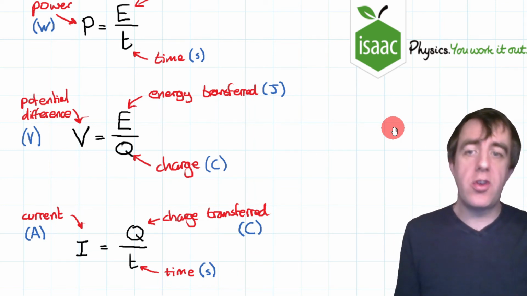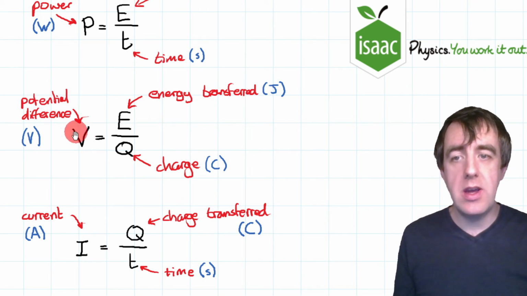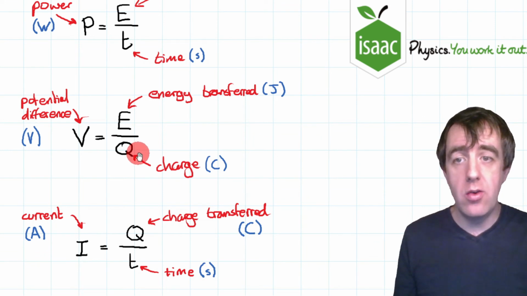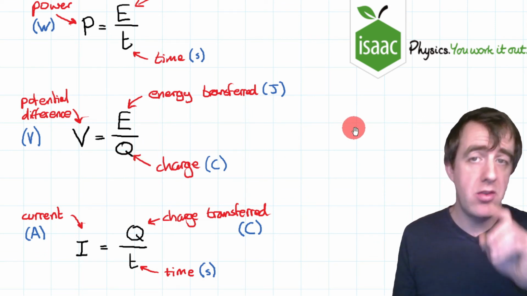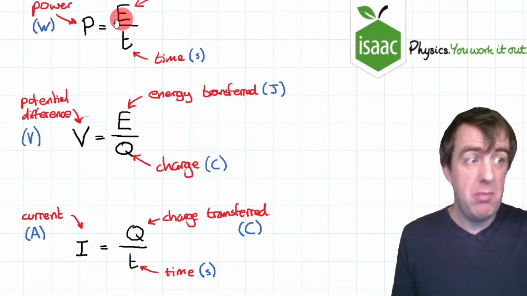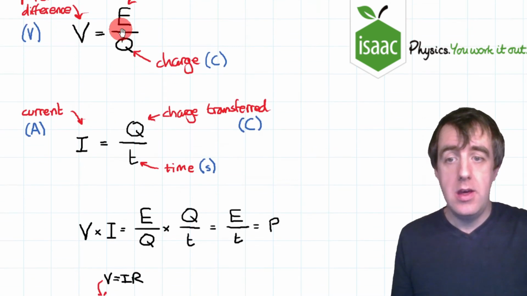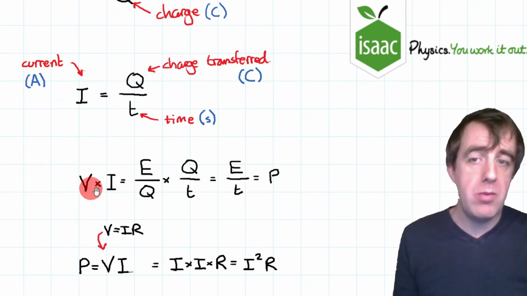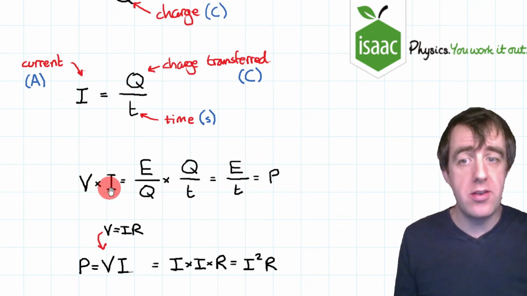So it's possible to combine these two equations, the definition of potential difference and the definition of current, in order to get an equation that is an amount of energy transferred divided by time, which is what our power is. And we do that by multiplying together those two quantities. Potential difference multiplied by current.